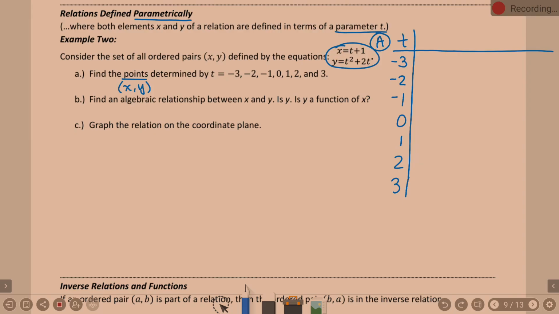Now, what else do I need a column for? I need a column for X. How are we going to find X? We're going to do T plus 1. I also need a column for Y. How are we going to do Y?